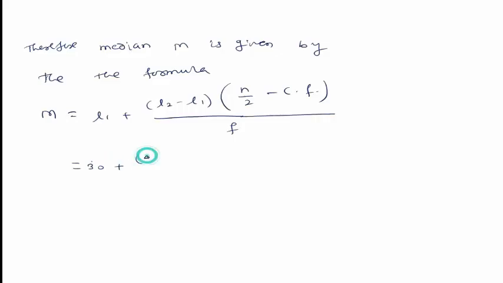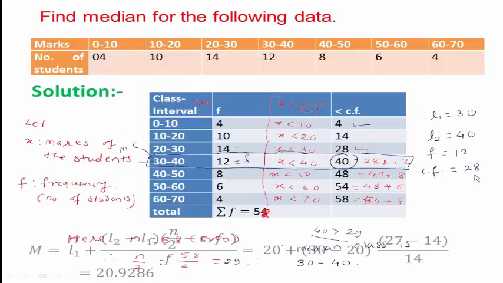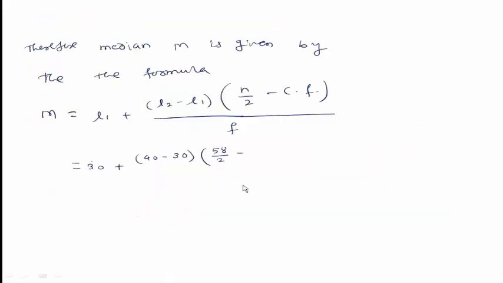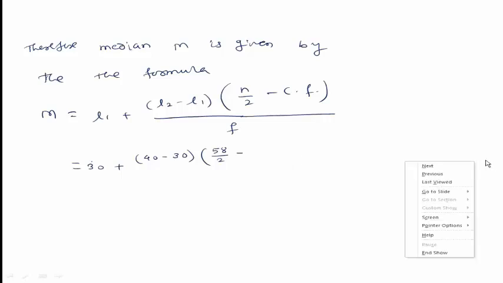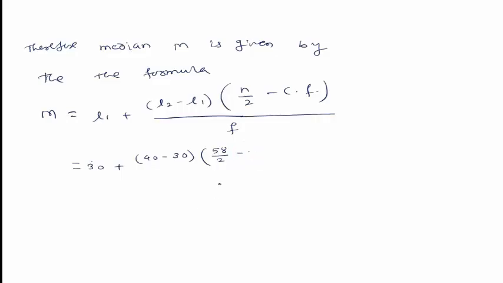L2 minus L1, that is 40 minus 30. N by 2, what is the value of N? N is 58, so N by 2 minus what is the value of CF? CF is 28. Divided by F. What is the value of F?